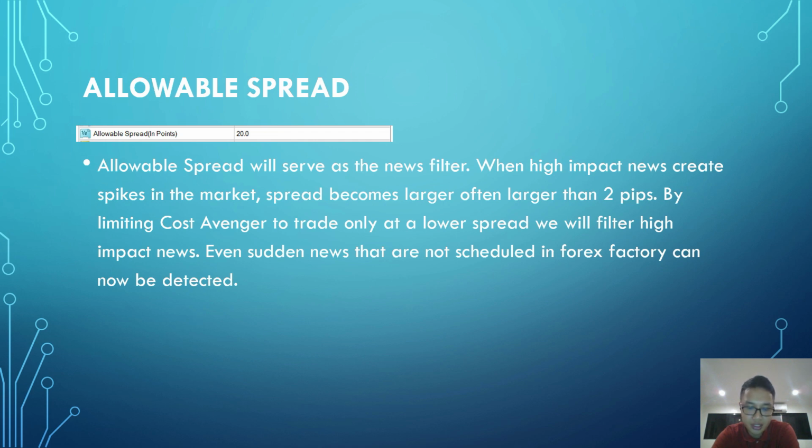So there are a lot of softwares that offer a news filter, and it refers to the scheduled news that are in the Forex Factory. The disadvantage is that if the news is not scheduled, like tweets from presidents or incidents like bombing or something that would greatly affect the economy of a certain country, it's not scheduled news like at 3 p.m. in the afternoon, the GDP of Germany would be released.